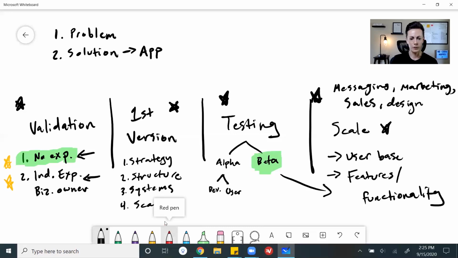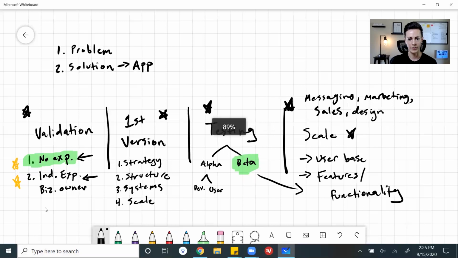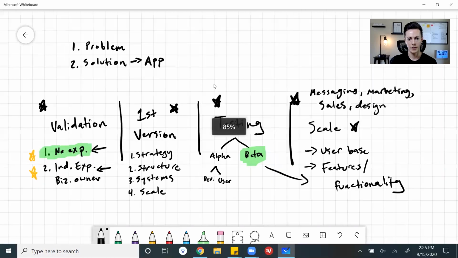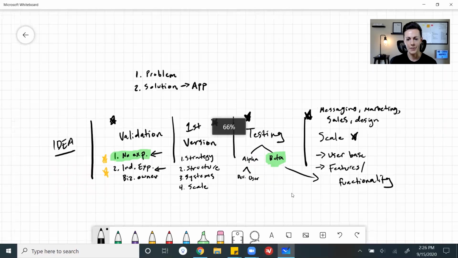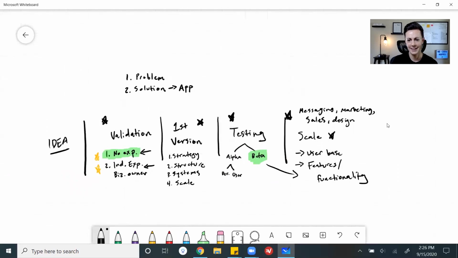What most people try to do is, I'm actually going to zoom out here, and we're going to add in this stage over here. Okay. So let's say we have this very initial stage, before you even get to this validation step, right? You just have your idea, okay? And I'm going to zoom out even farther so I can fit this.